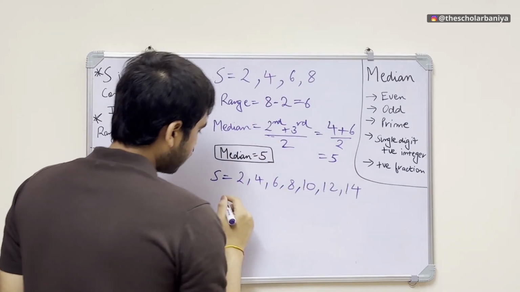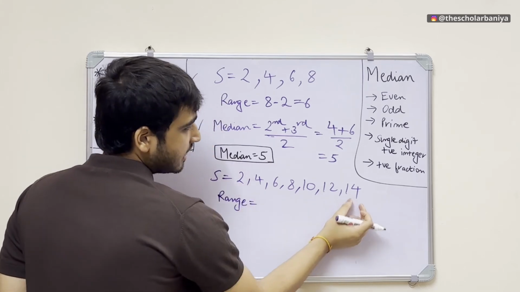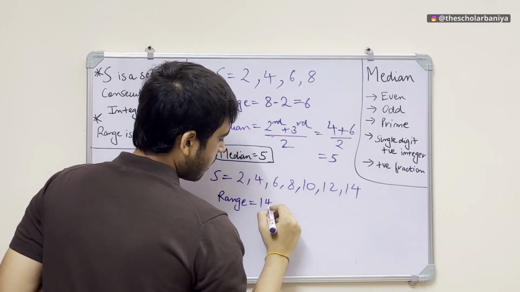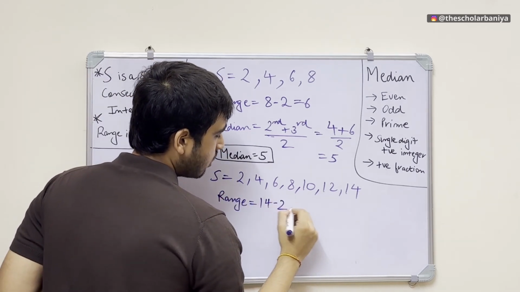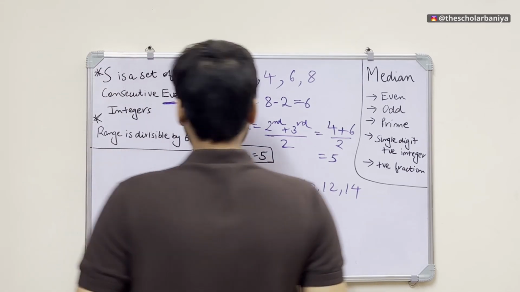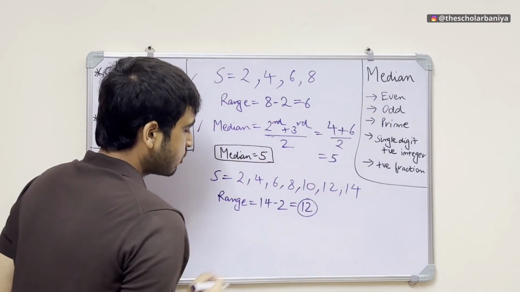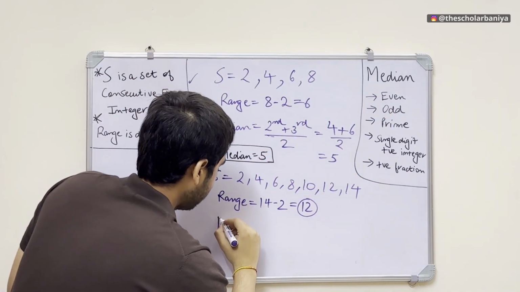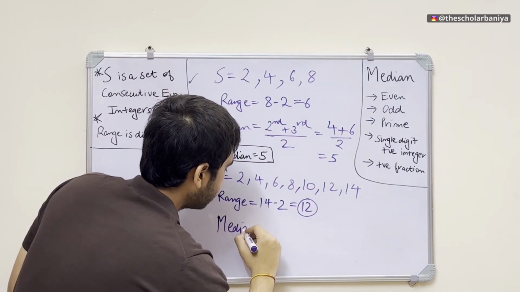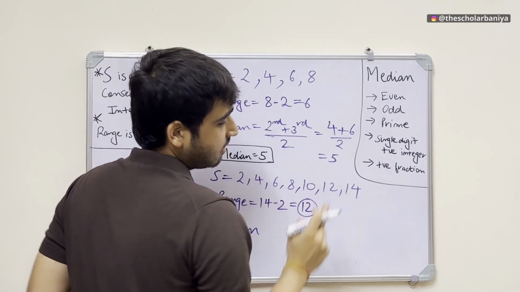The range is the highest, 14, minus the lowest, 2, which is 12, and we know that 12 is divisible by 6. Now let's find out the median.